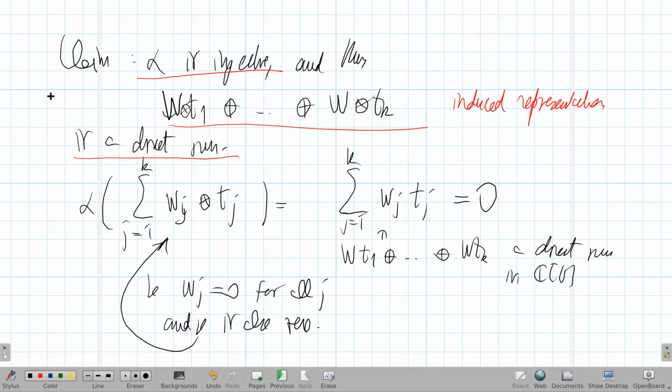But remember, this is just the tensor product. So let me finish by saying it will be much more concrete tomorrow. So the tensor product of W with CG, which to be absolutely precise is this object here.